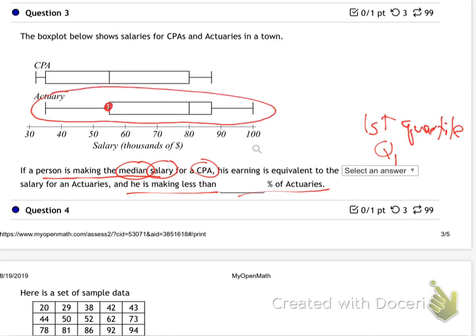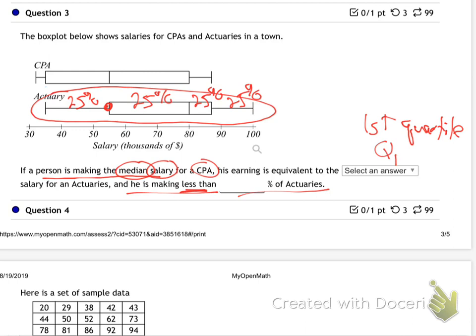If I'm right here, what am I less than what percent? Isn't it 25% of all the game here, and 25% here, and 25% here, and 25%? It's 4 quarters, right? It breaks it into 4 equal quarters. That's what the box plot always does. It quarters your data. There's 25% in the first section, 25 in the second, 25 in the third, 25 in the fourth.